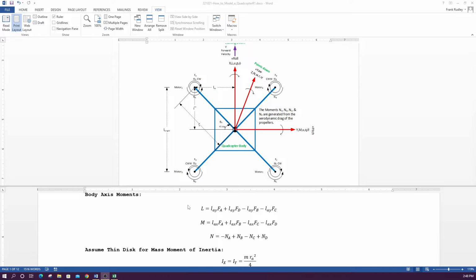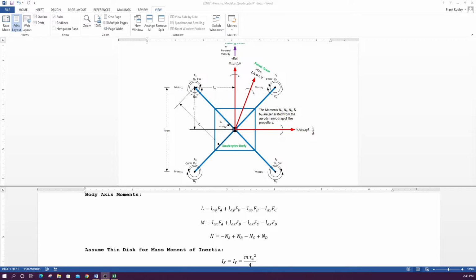So now we want to look at the physics a little bit. And so to get our body axis moments, this is the equation that'll do that. So we're trying to compute L, which is the roll moment.